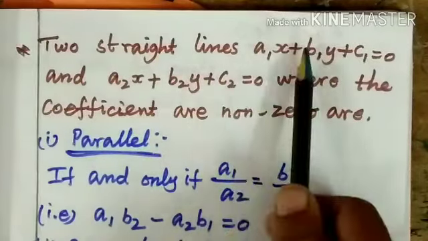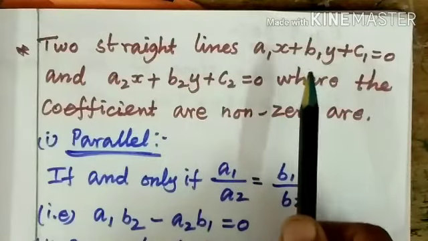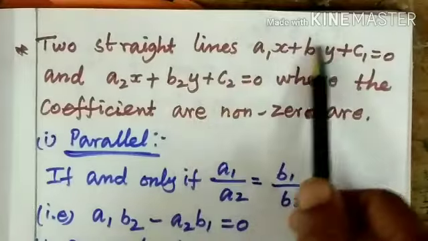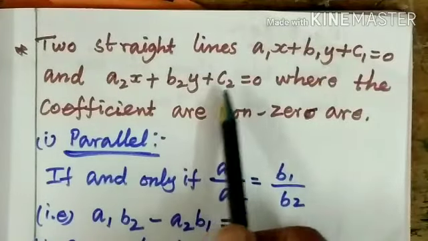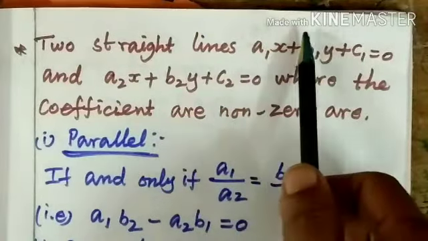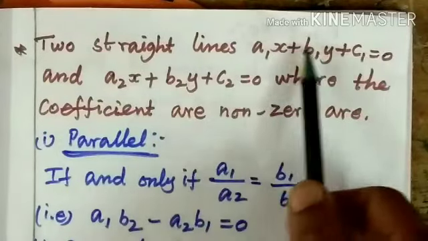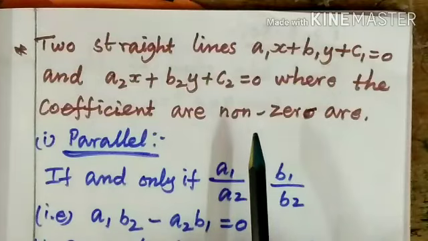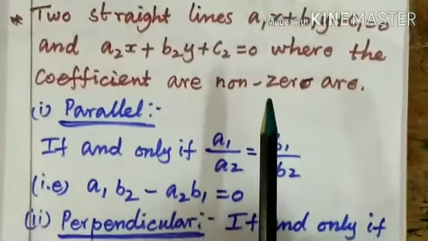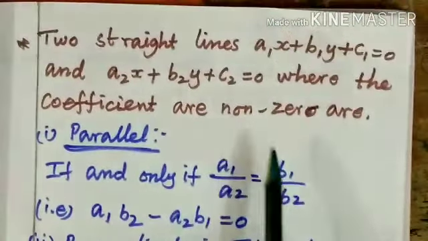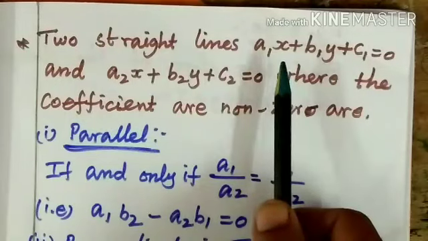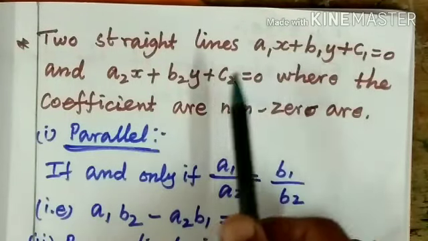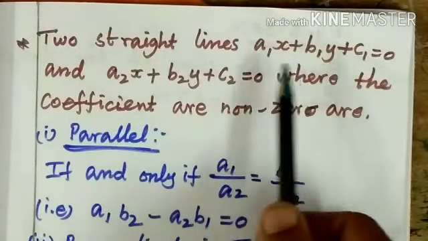It means in the question, the equations of the two straight lines are given. You have to check whether these two lines are parallel or not. For this, already we have to know one method, that is, the slope of this line and the slope of this line are equal.